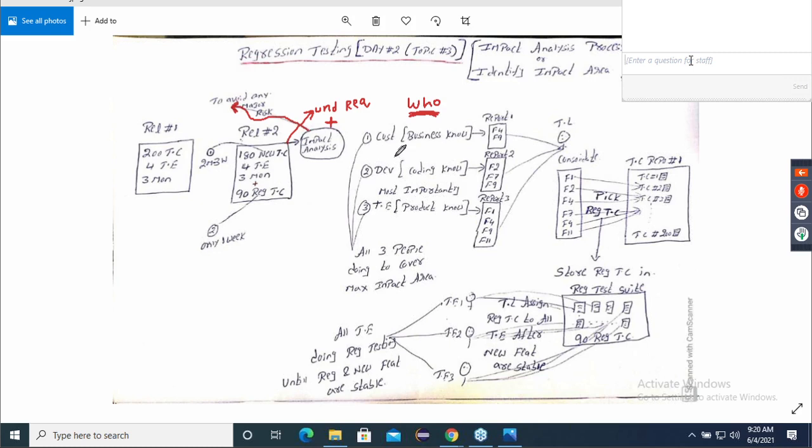Second person, developer. Customer has given me the new requirement. First, the developer opens the old code. He will analyze where we have to do the changes, and if I do these changes, which part may get affected?